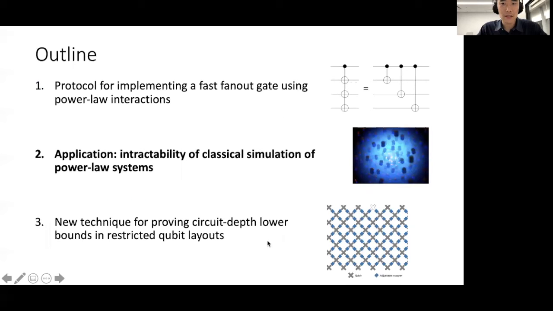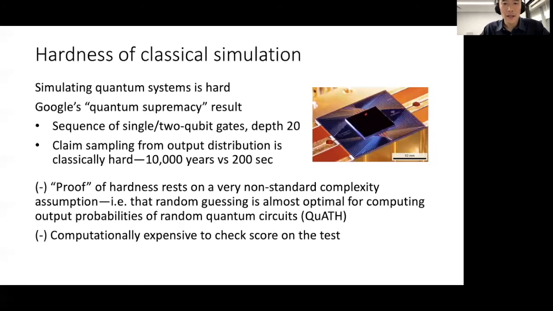Okay, so now that I've shown how to implement the fast fan-out, I will talk briefly about one application of this protocol. Now, we all know that simulating quantum systems is hard, otherwise we wouldn't have a job. But still, it's not easy to prove that a particular quantum system has achieved some computational task that would otherwise be intractable on a classical computer.